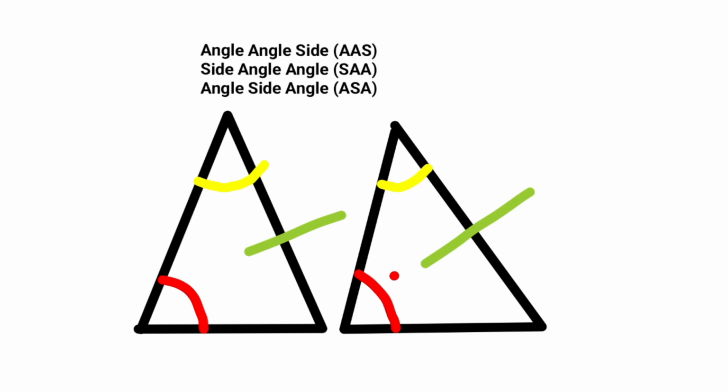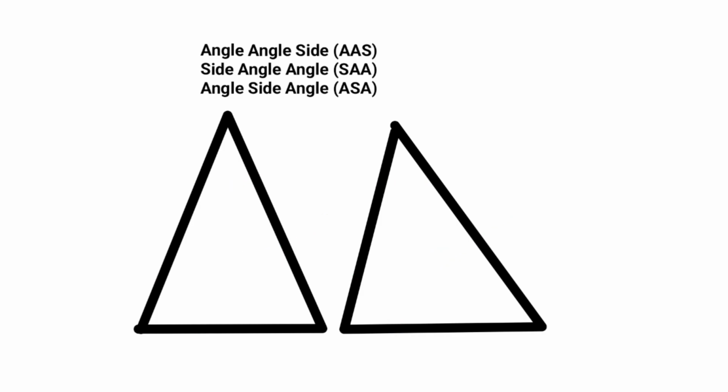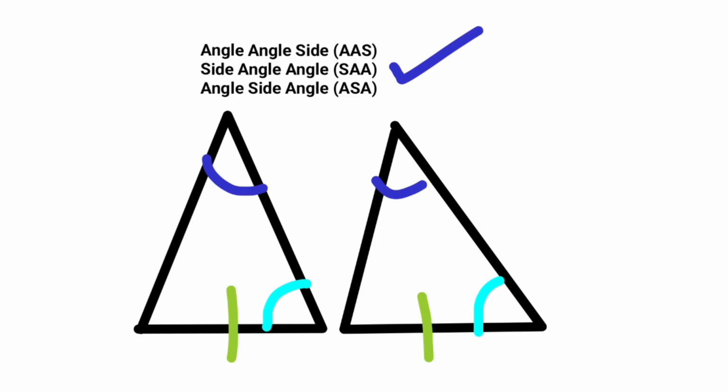And then we can come back with the same thing, but instead of starting with two angles, we can start with a side, to say we have this side and this side equal, and then it happens that this angle and this angle are the same, and then this angle and this angle are the same, and then we'll have these conditions met, and we can conclude to say the two triangles are congruent.